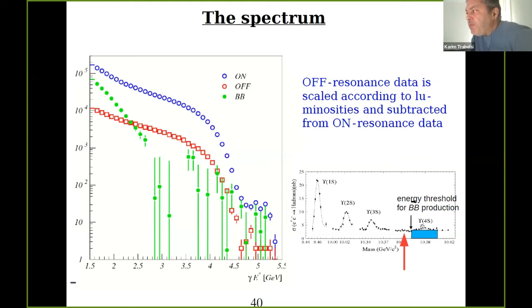And on top of the Upsilon contribution, you have this e+e- to qq-bar component, which is your background, the continuum I'm talking about, which produces some gamma whose spectrum is shown here in red. And what you're going to do is ask the accelerator to lower the beam energy and to run at a lower energy in the center of mass, just below your resonances, where you are sure to not have a BB-bar contribution, but only a background contribution.